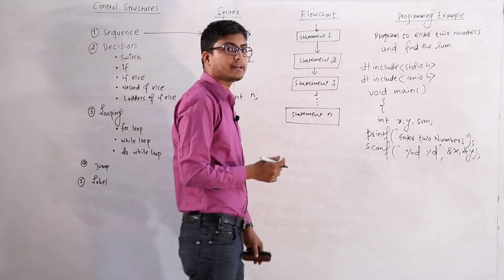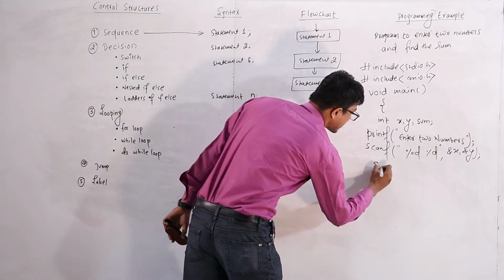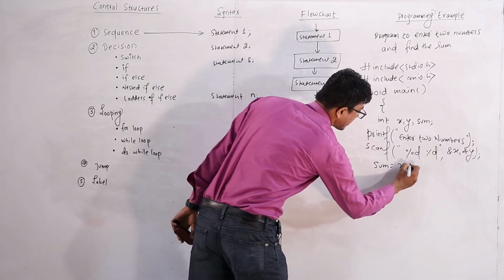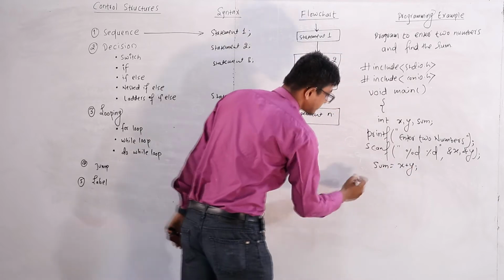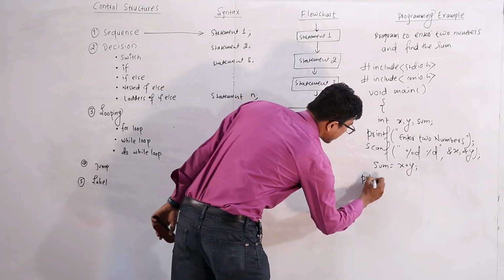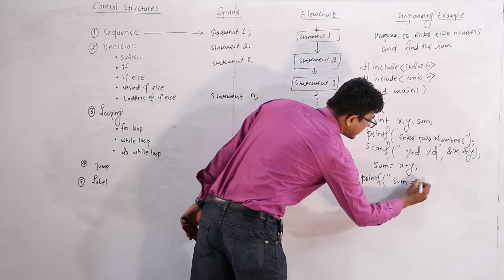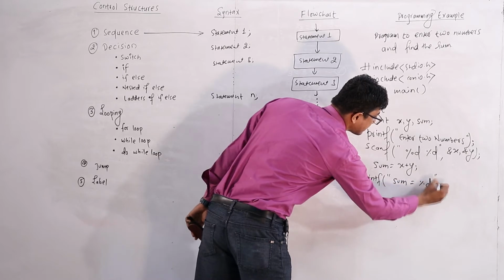Now two numbers are entered. You have to find the sum of these two numbers. Simple sum means sum is equal to x plus y. Now you have to display the sum. Printf sum is equal to %d, sum.